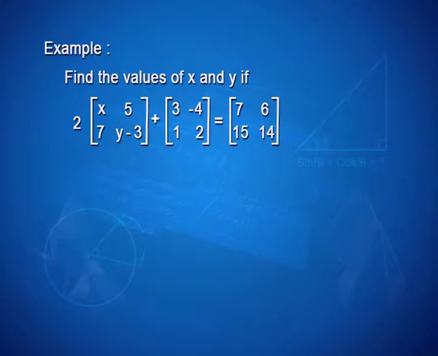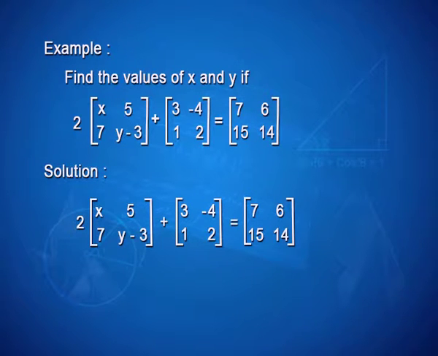Let us take up one example. Find the values of x and y if 2 into the matrix [x 5; 7 y minus 3] plus the matrix [3 minus 4; 1 2] is equal to the matrix [7 6; 15 14]. For the solution, let us take up the LHS, 2 into [x 5; 7 y minus 3] plus [3 minus 4; 1 2].